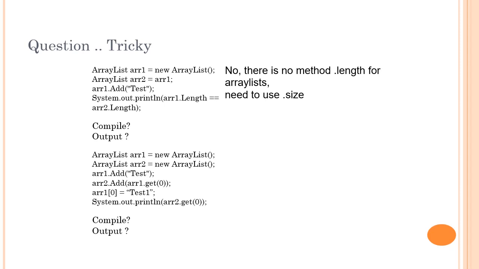Would it be true or false? Are the sizes equal or not? Yes, the result is true, because both array lists are referencing the same object. So R1 and R2 are equal.